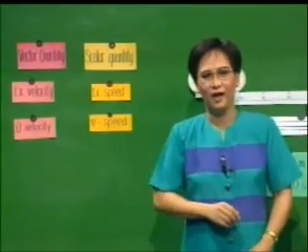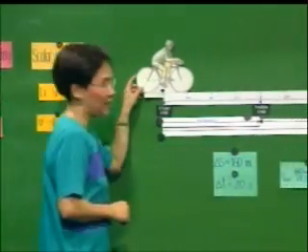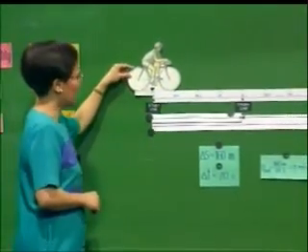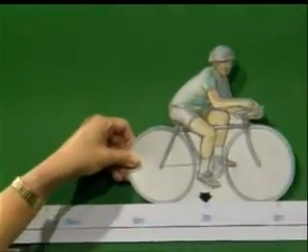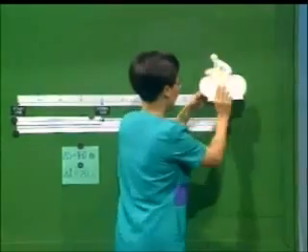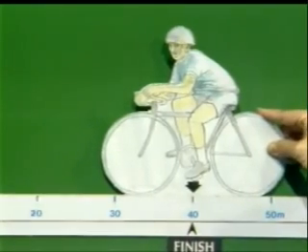Now, how do we measure average velocity? Okay, we have a cyclist here, and suppose the cyclist travels a straight path to the east, and he goes back to the finish line, which is at the 40-meter mark.